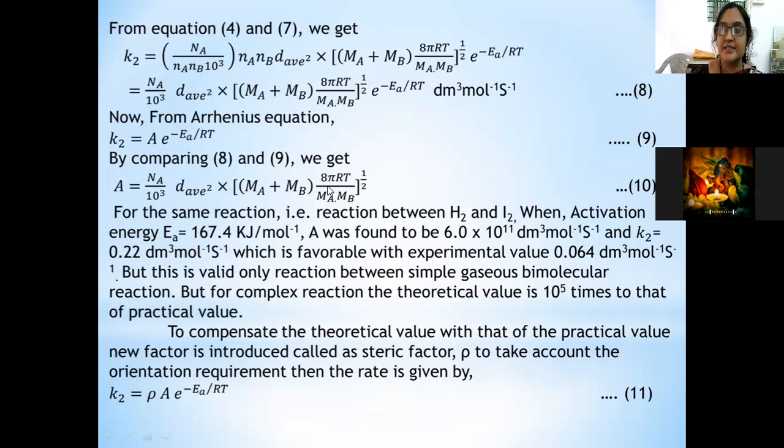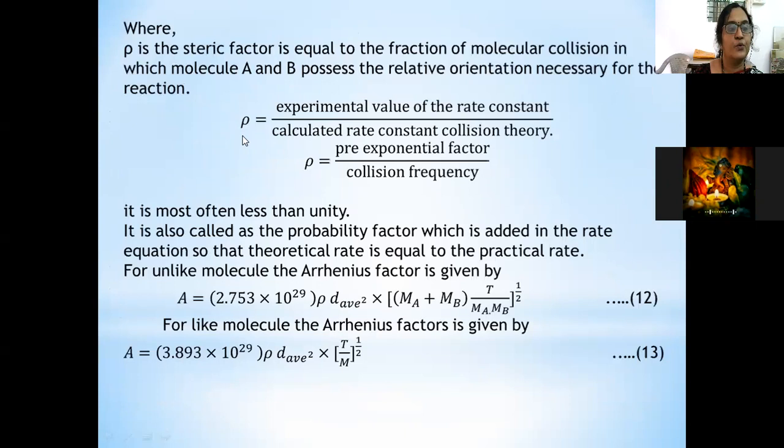When we consider the effective collision, we consider the activation energy, that is, kinetic energy equal to or greater than the activation energy. Here again, to compensate the theoretical value with the practical value, we have to consider the orientation requirement. It is nothing but rho. So what is rho? Rho is the ratio of the experimental value of the rate constant to the rate constant calculated from the collision theory.